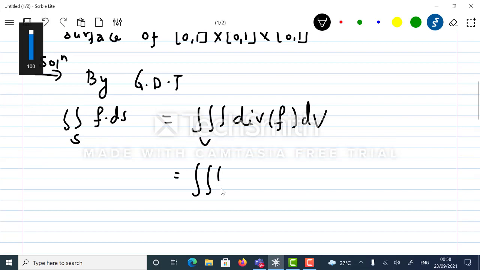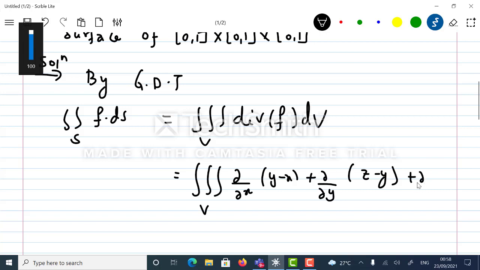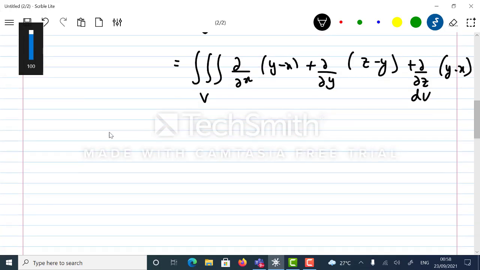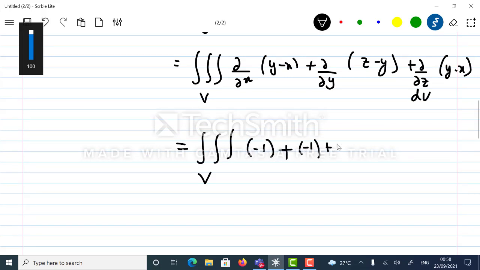So it is dou by dou x of y minus x plus dou by dou y of z minus y plus dou by dou z of y minus x, dV. So this is the triple integral over V of minus 1, and this is also minus 1, plus 0, dV. So it is basically minus 2 times the triple integral over V dV.